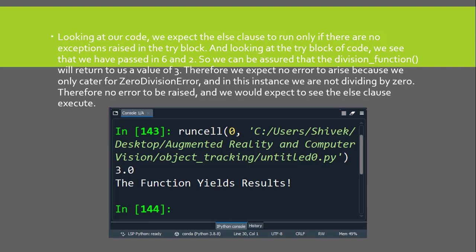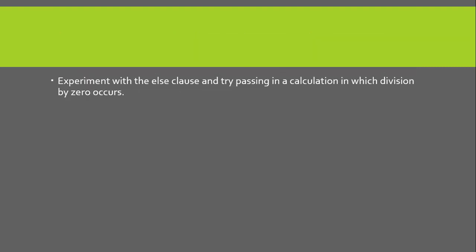Therefore, no error to be raised, and we would expect to see the else clause execute. 3.0, the function yields results. Experiment with the else clause and try passing in a calculation in which division by 0 occurs.